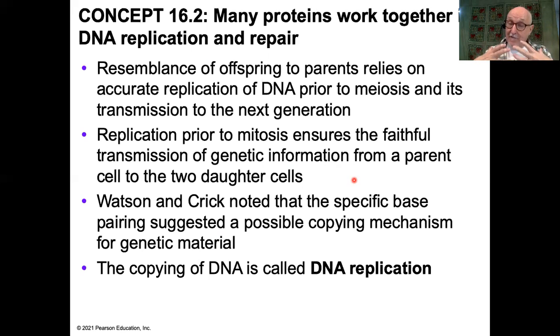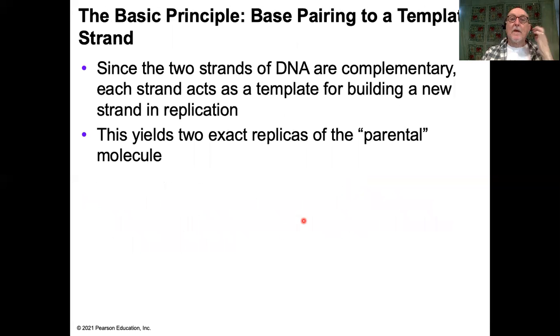So the information handed to the progeny has to be as accurate as possible. And in order to do this, we need to actually double up the DNA, and that is a process known as DNA replication. And one of the beauties of the Watson and Crick model was it explained very simply how the basis of DNA replication worked.